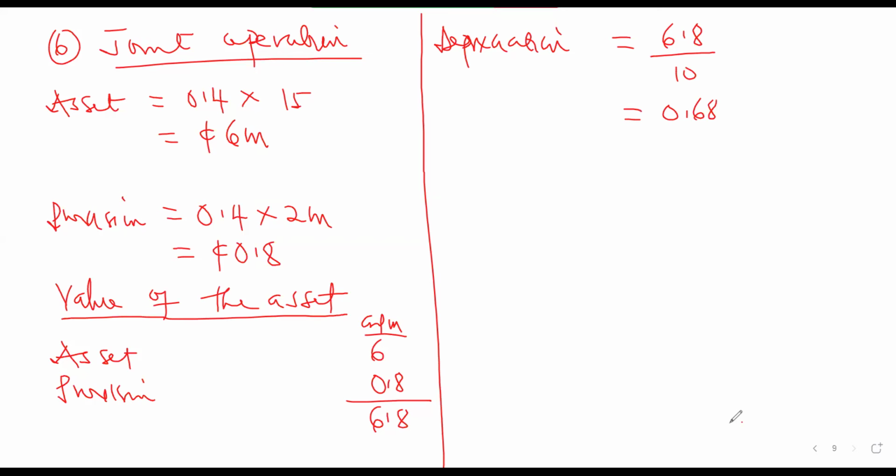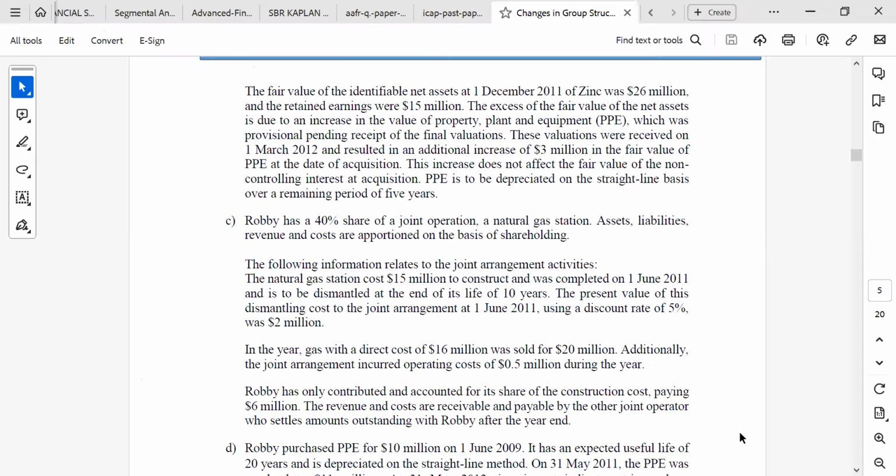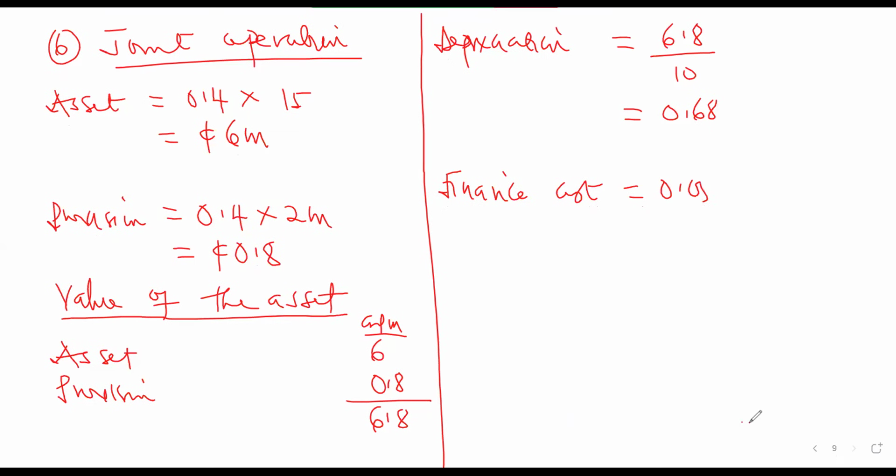Yes. Okay. Let's count to the finance cost on the provision. So let's go to the rate. We have to unwind the provision at the end of the year. So the rate is 5%. So we unwind our portion of that. So that will be 0.05 multiplied by 0.8.